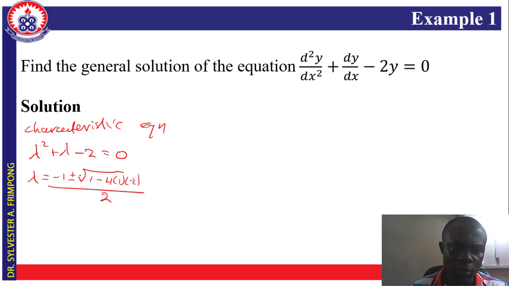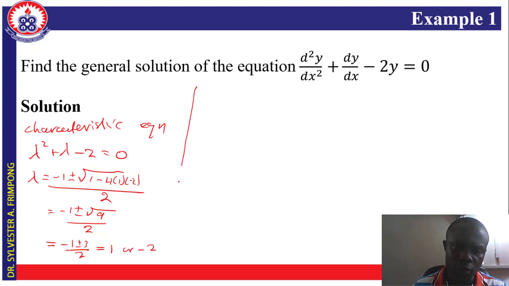That will give you negative 1 plus or minus square root of 9 over 2. So it's negative 1 plus or minus 3 over 2, which means you have either 1 or negative 2. So these are the roots. Lambda 1 is 1 and lambda 2 is negative 2.